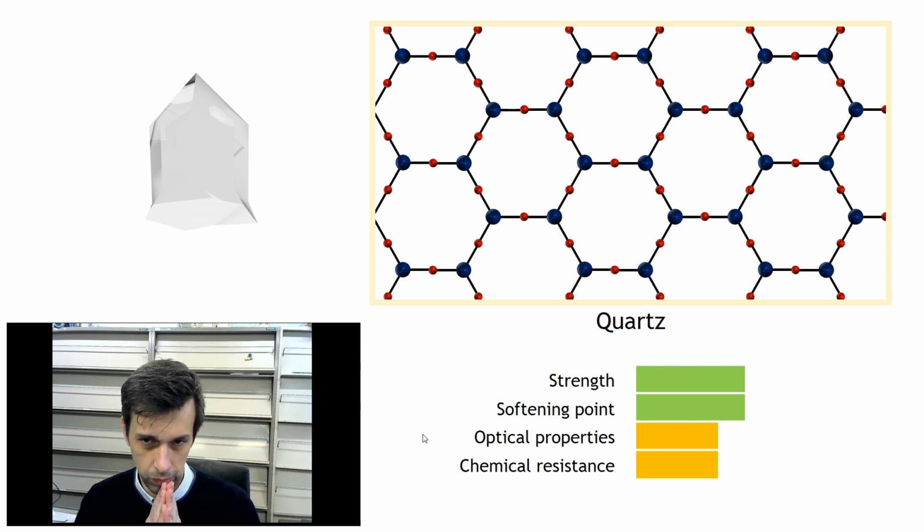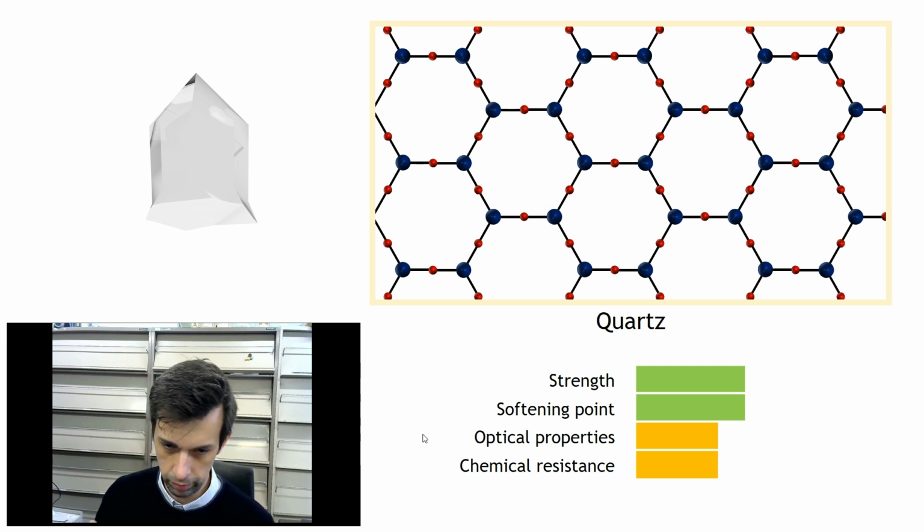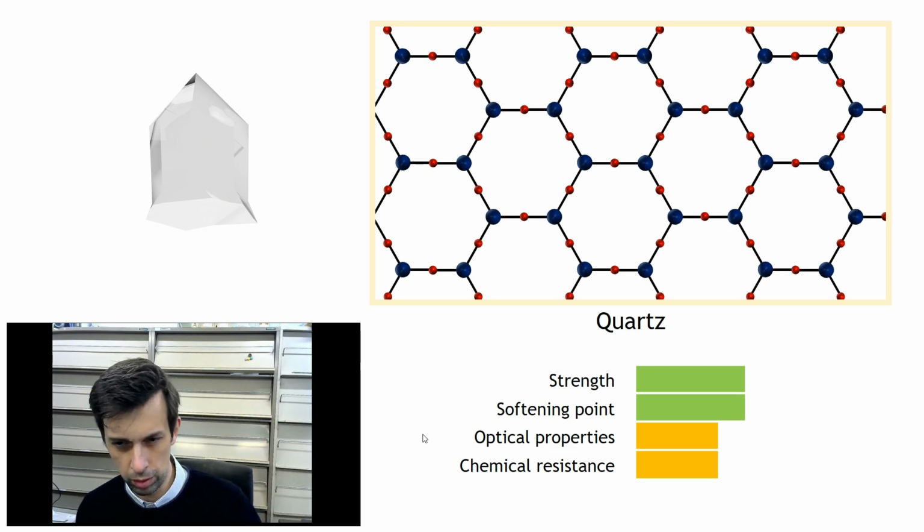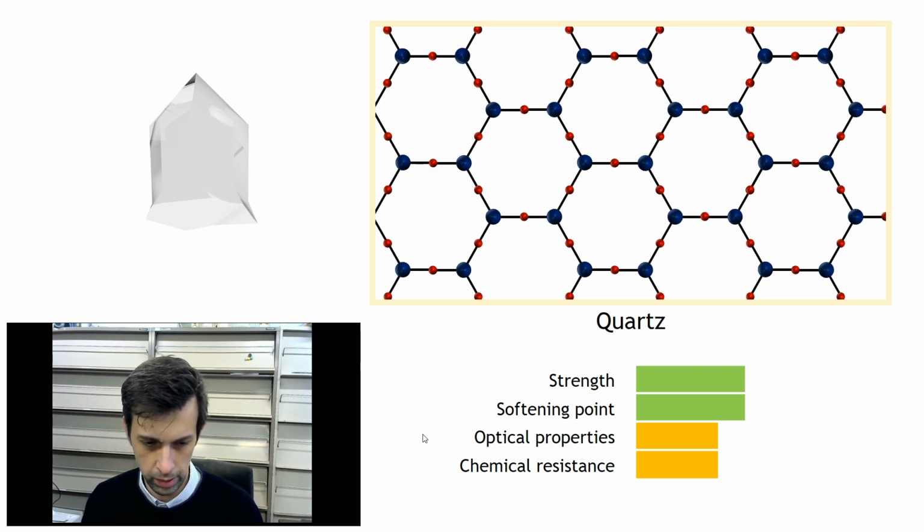But all these properties depend on the purity of quartz, and there are basically two different groups of quartzes. We can have the naturally occurring ones, and we have the ones that we build up in a laboratory, which is not so easy.